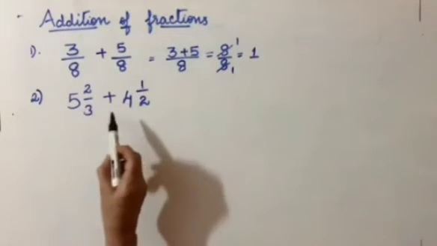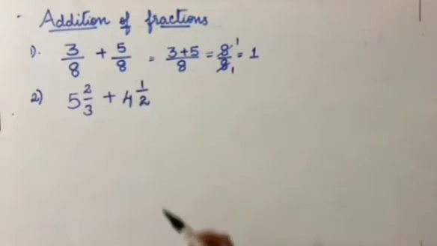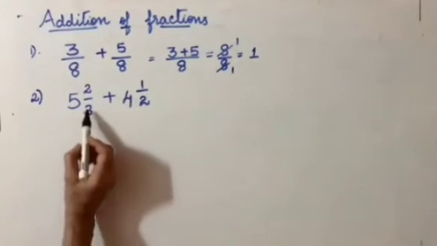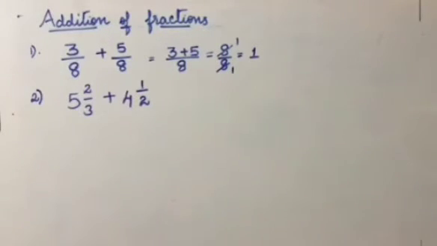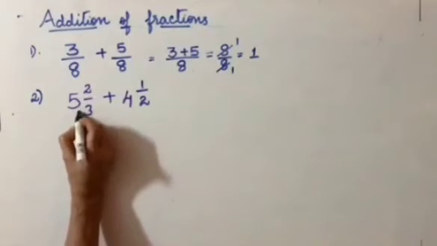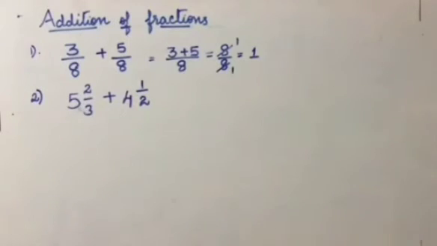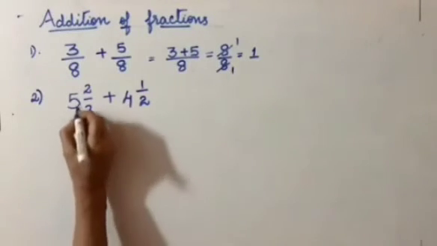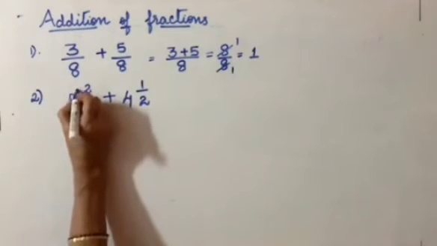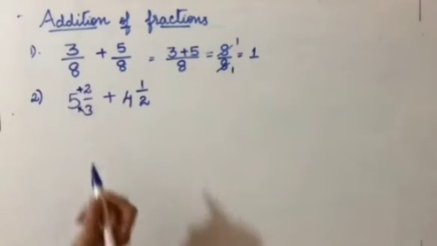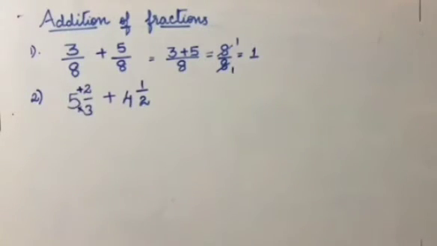into improper form, since they are now in mixed form. How? 3 into 5. Children, you remember? 3 into 5 plus 2. What is 3 into 5? It is 15.